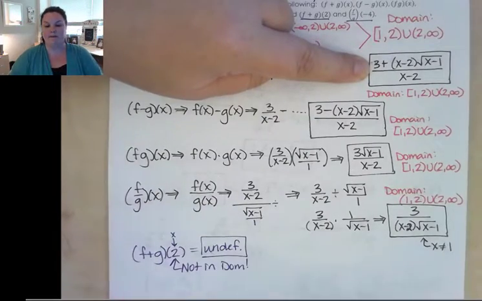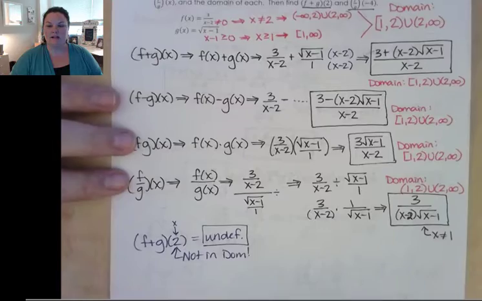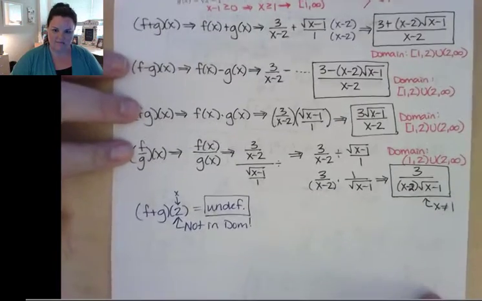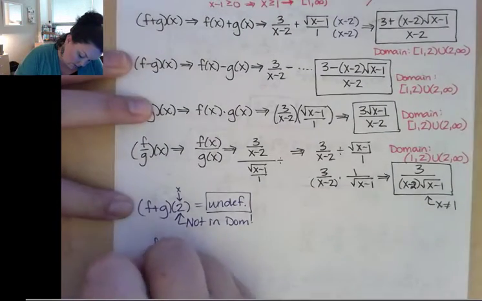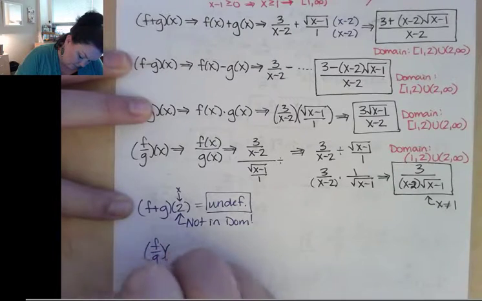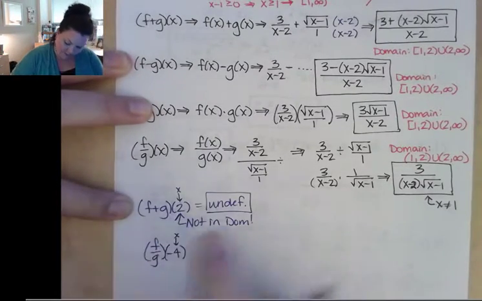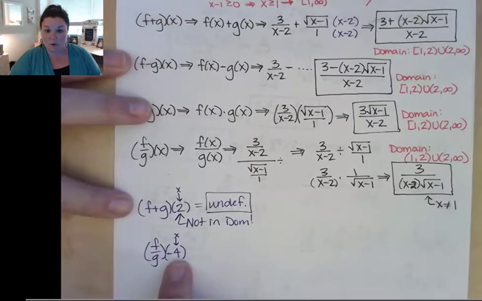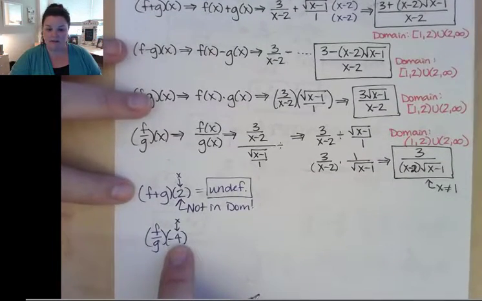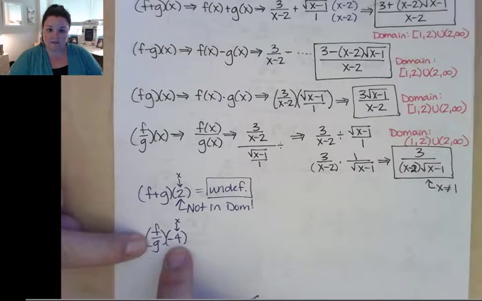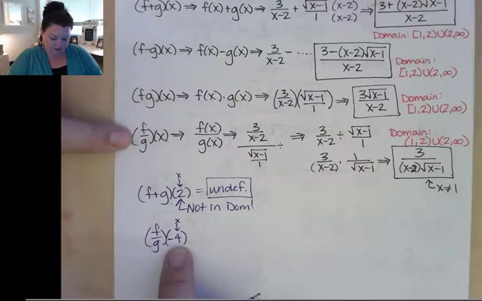Okay. All right, let's look at the second one. The second one is f over g of -4. So I want to go ahead and make sure that my x value is within the domain, because otherwise I can't plug it in, right? So I'm looking at my quotient function. So here's my quotient function.